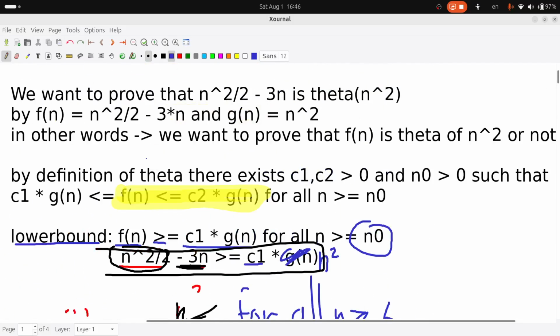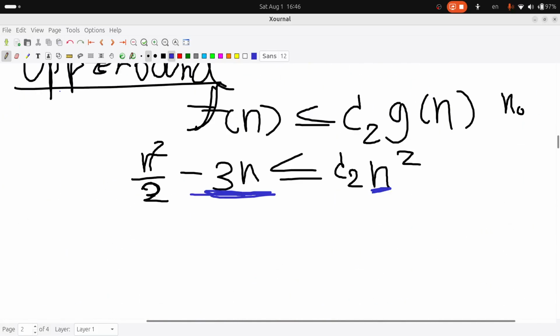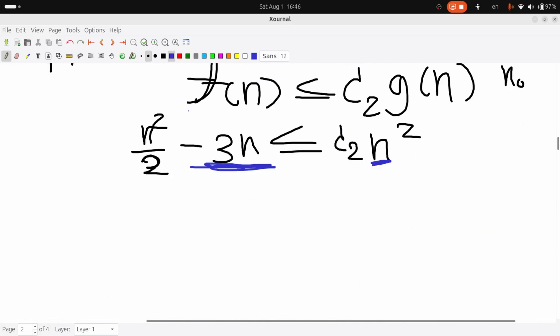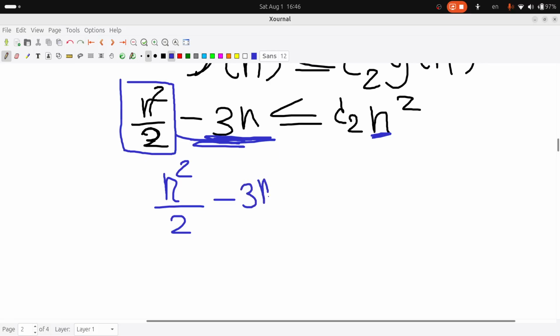The hardest part of theta is about this inequality, that you have to write this inequality. You have to practice them. So the next exercise will show that. So what about this? How can we cut this equation, and I will try to keep just this. What I can write is n squared divided by 2 minus 3n.